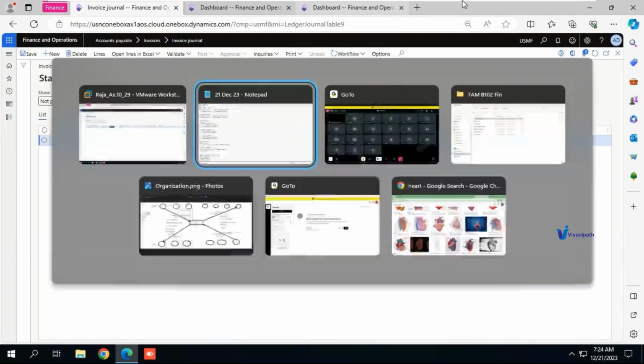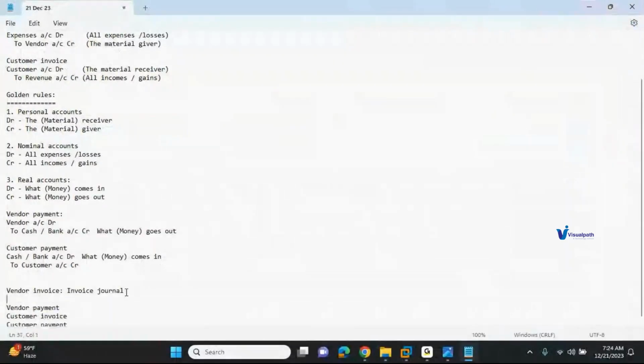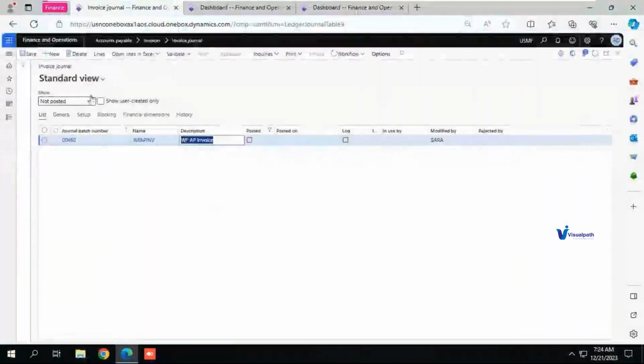Let me write down this invoice journal path: accounts payable, invoices, invoice journal. This is the path.